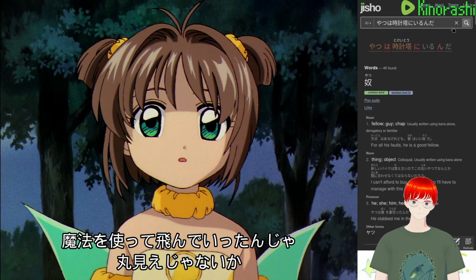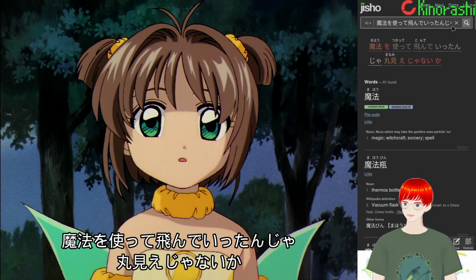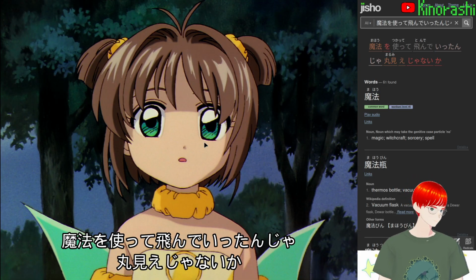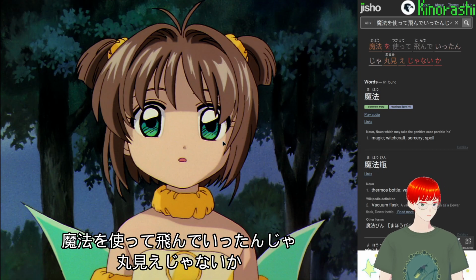Let's see, tondeita. Yeah, past tense continuous. Okay, so it thinks it's iku in this case, not iu.